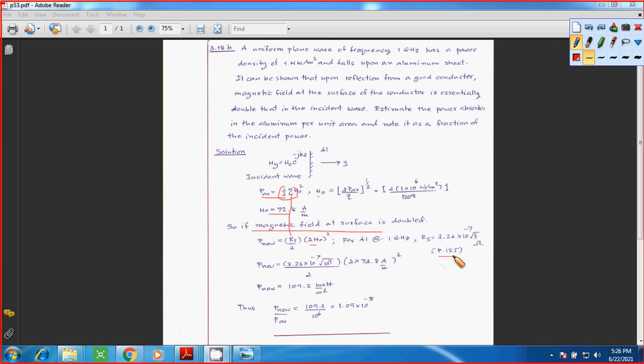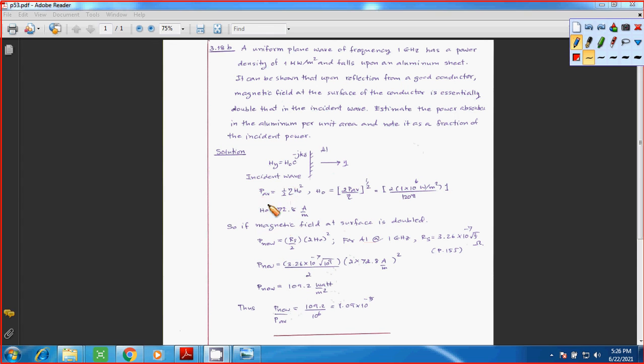From page 155 of the book, R_S for aluminum is going to be 3.26 times 10 to the negative 7 square root f, where f is the frequency given to be 1 gigahertz. You just plug in the number. Now your P becomes 109.2 watt per meter squared.